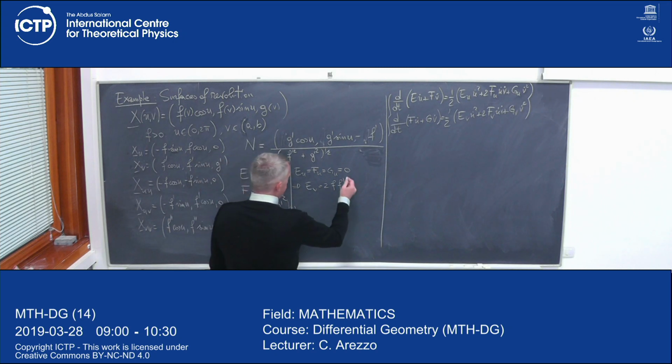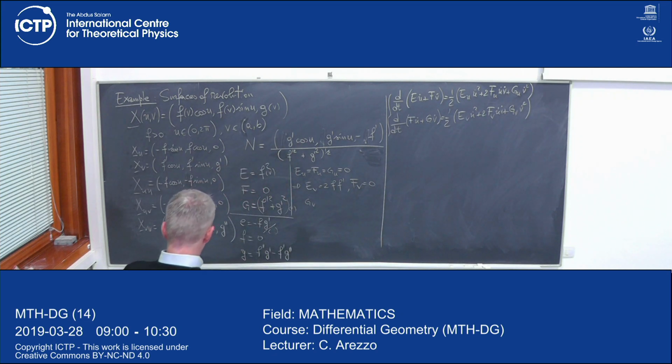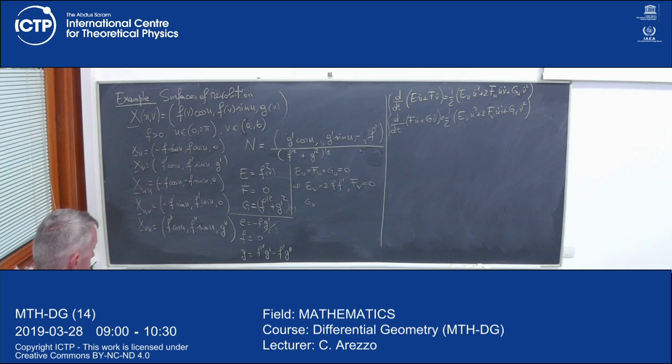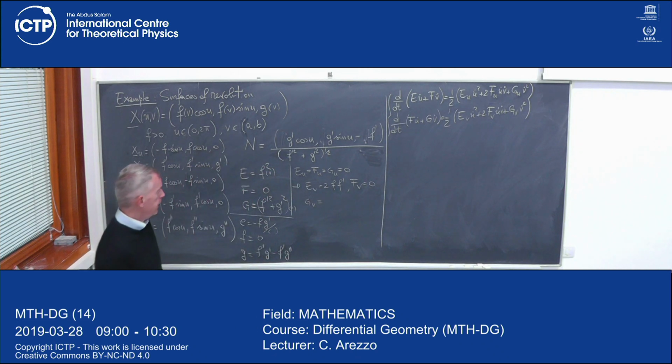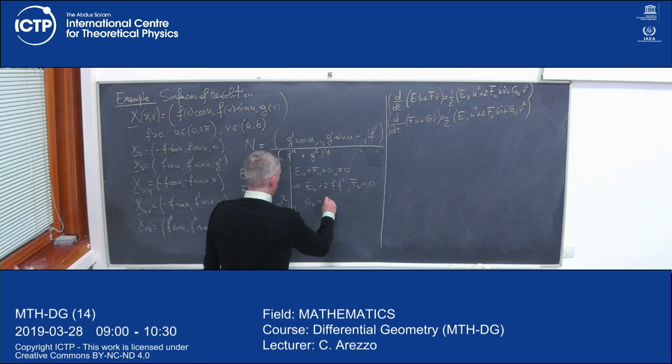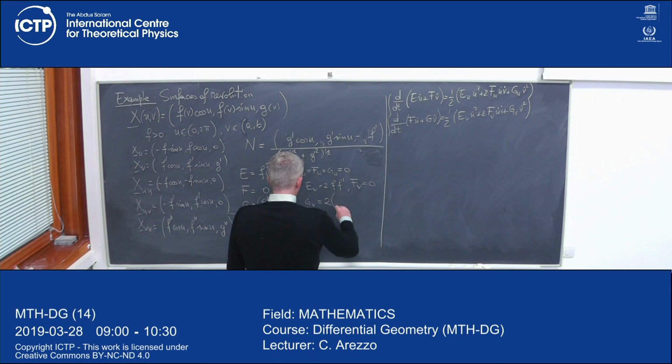Of course, F_v is equal to 0, and G_v is twice f prime f double prime plus g prime g double prime. Okay?